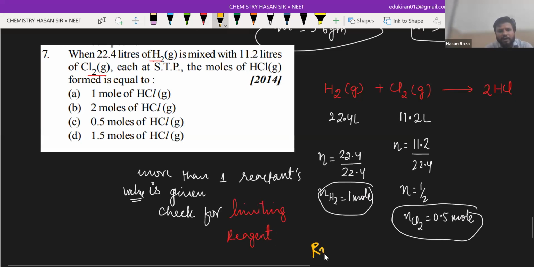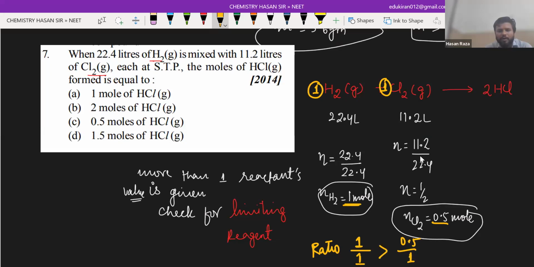Take the ratio of the number of moles given in the question upon the number of moles according to the equation. So this is 1 by 1 and for this it is 0.5 upon 1. The one which is smaller is your limiting reagent. Is that clear, Rishita? Yes, sir.